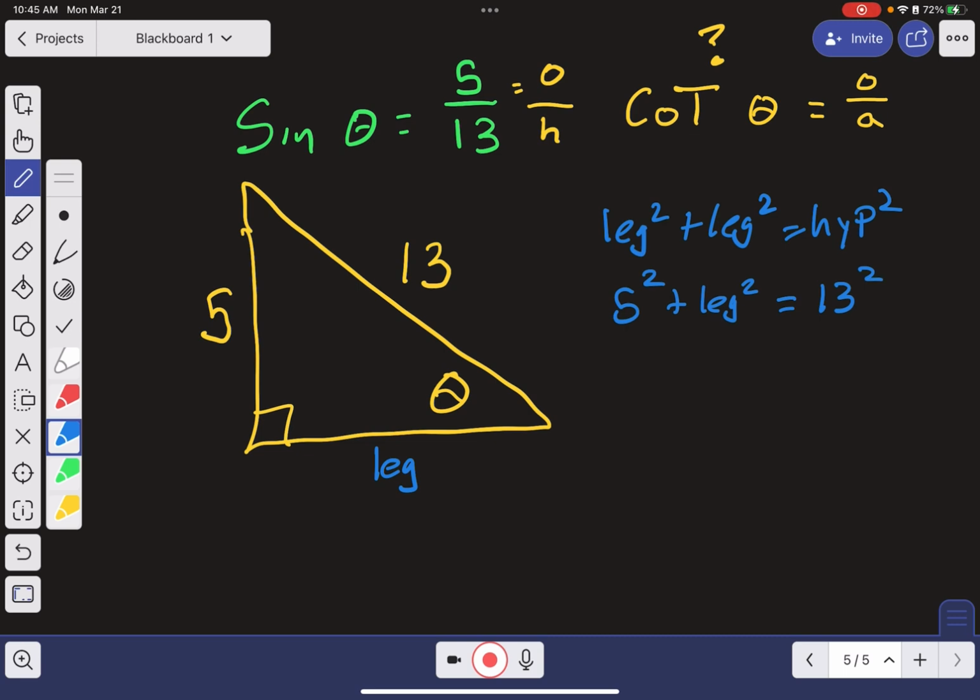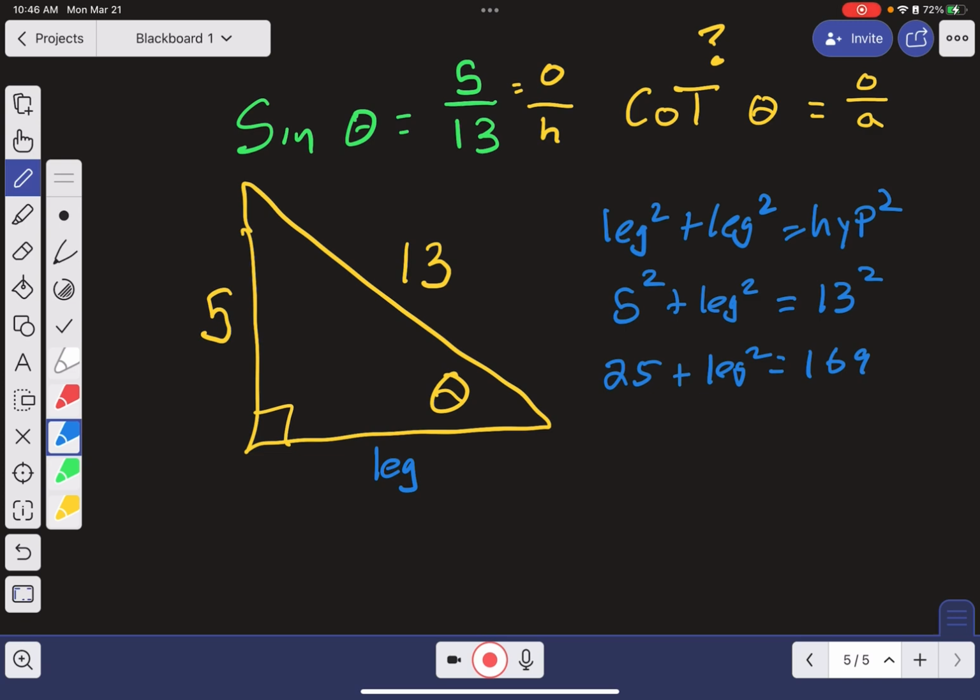So since I didn't know one of the legs this time, I got to leave that leg squared as the piece that I have to find. So 25 plus leg squared equals 169. Is that right? 13 times 13, yes.